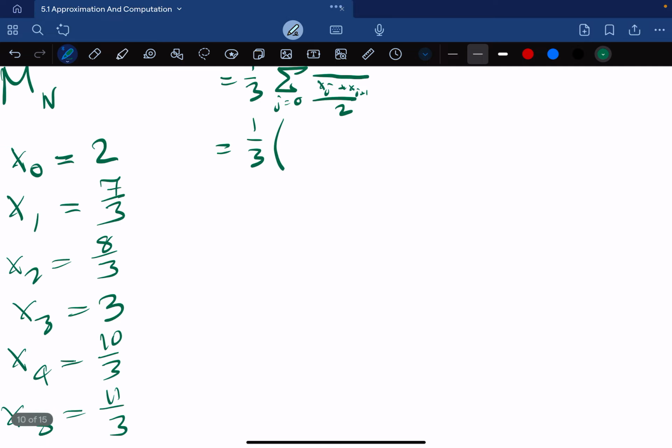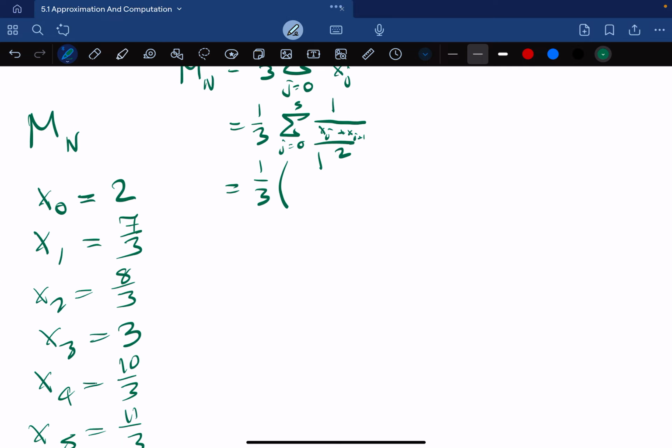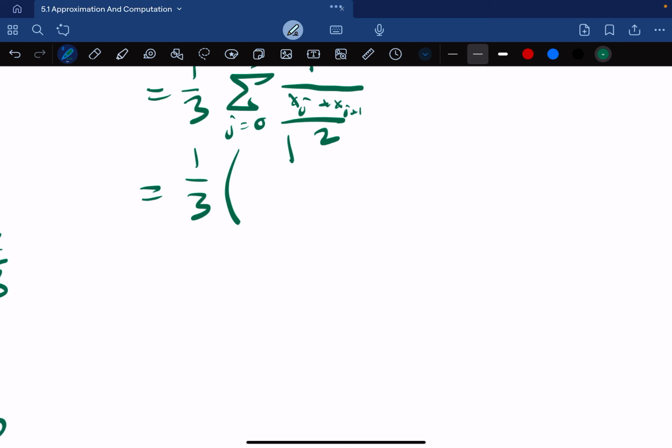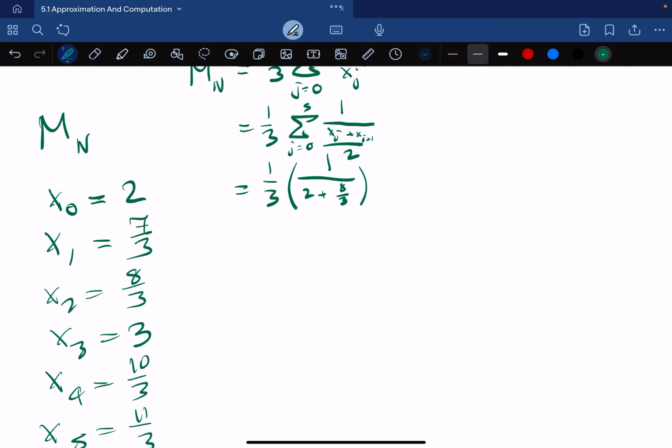So once we just write all of this down, we end up with our very first term, 1 over x of 0 plus x of 1. X of 0 is 2, x of 1 is 8 over 3. Sorry, 7 over 3. As you can see, it's also very easy to make mistakes here.